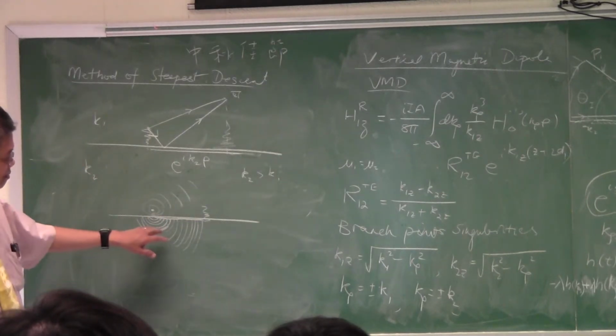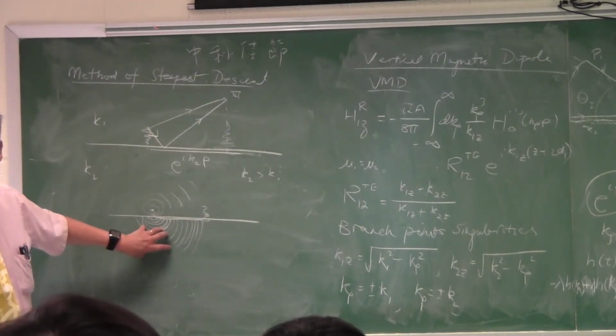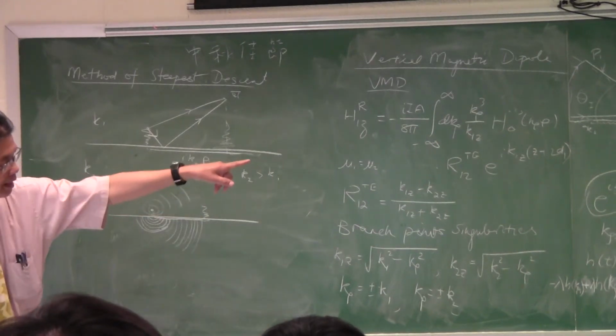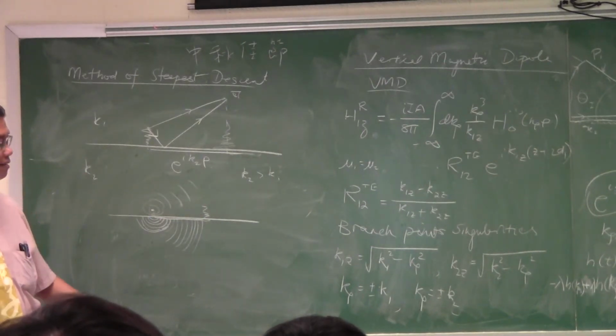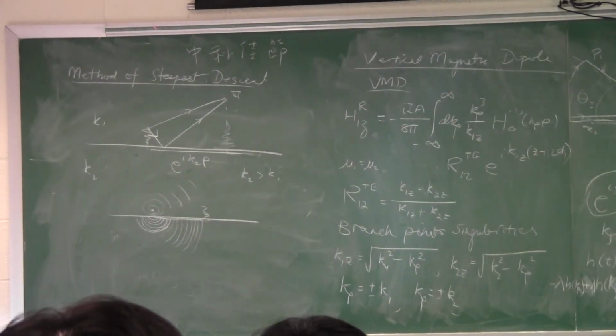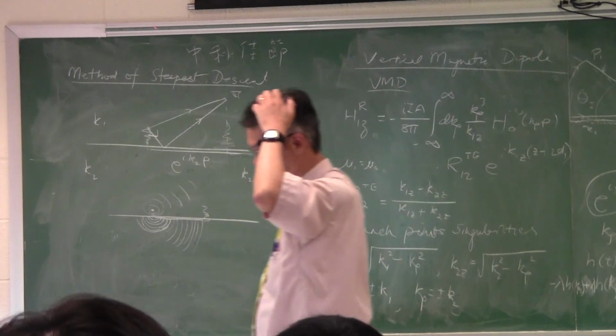So it's actually part of the spherical wave that propagates in region 2 that is observed in region 1. That's what the K2 branch point is. It has this wave number K2 rho. Okay, but evanescent in region 1.